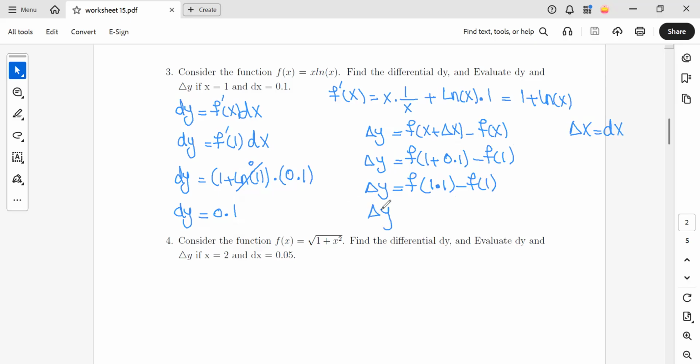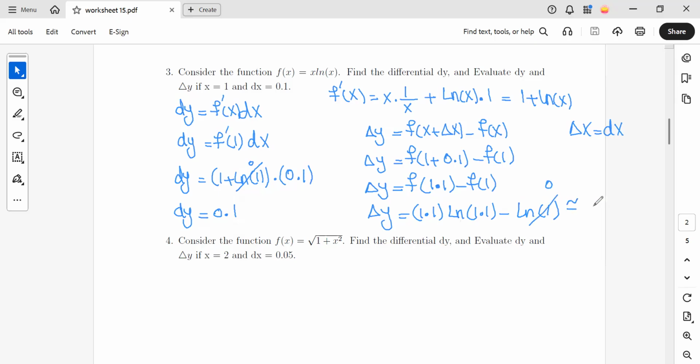It will be delta y equals 1.1 times ln of 1.1 minus f of 1, which is 0 because it is ln of 1, which is 0.